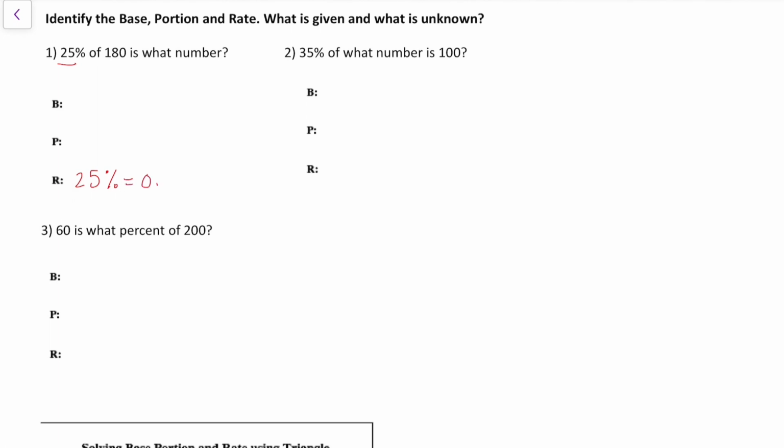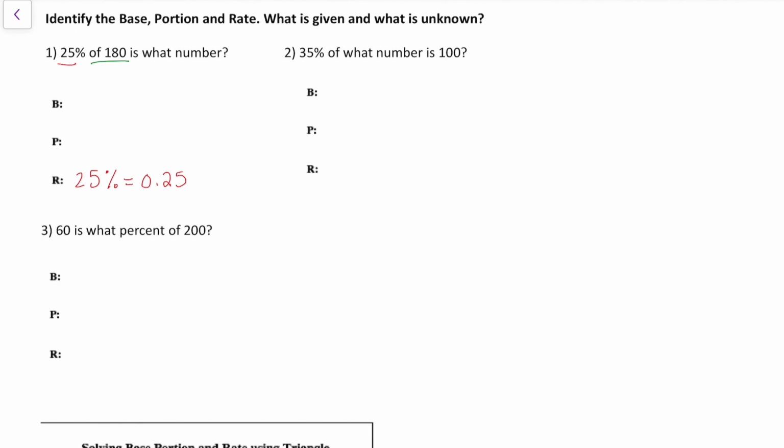So I'm going to record this as 0.25. Remember from a previous video on converting between fractions, decimals, and percentages, we take 25 and divide by 100 because percent is out of 100. So 0.25.